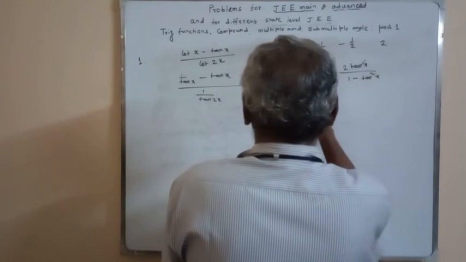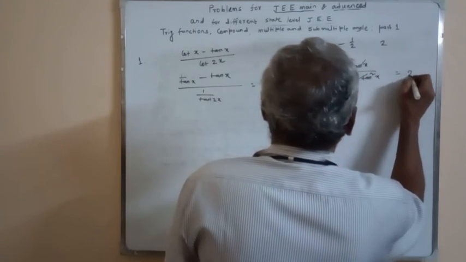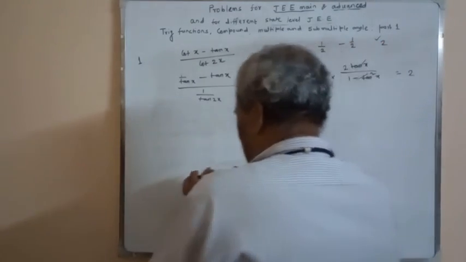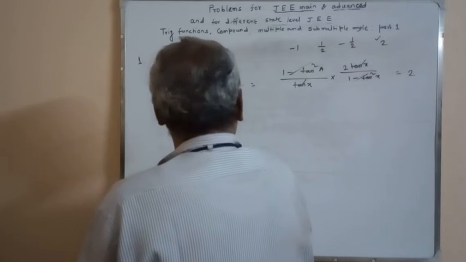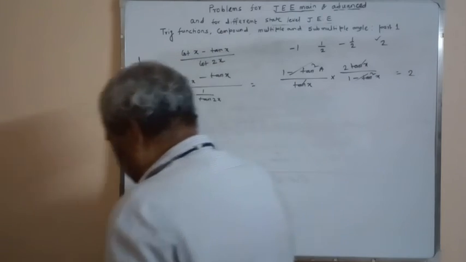Now this tan x cancels, this cancels, so only thing left is 2. So 2 is the answer. The correct option is option D.